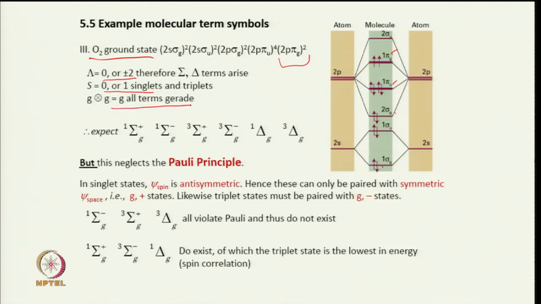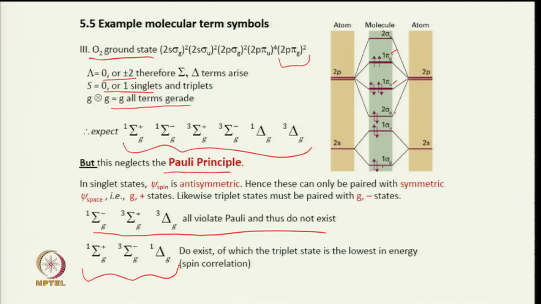So, the g term is gerade, and so you will have all these 6 different states, but this neglects the Pauli principle, and these 3 terms violate the Pauli principle, and so they do not exist. What exists are these 3 terms, in which the triplet state is lowest. So, this one will be lowest.